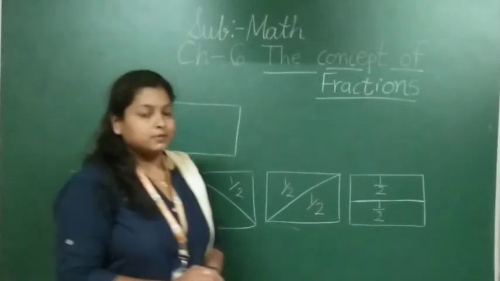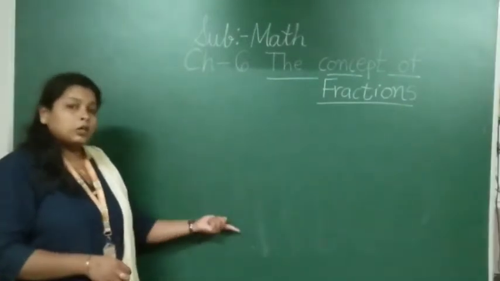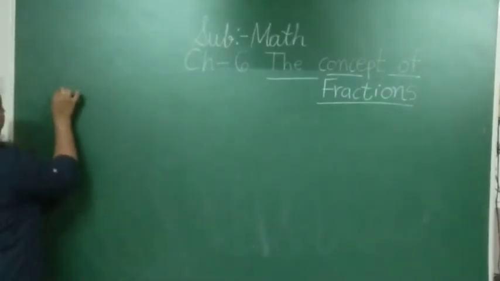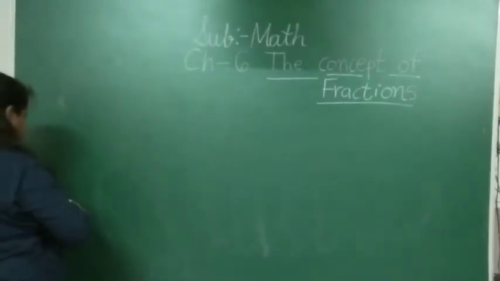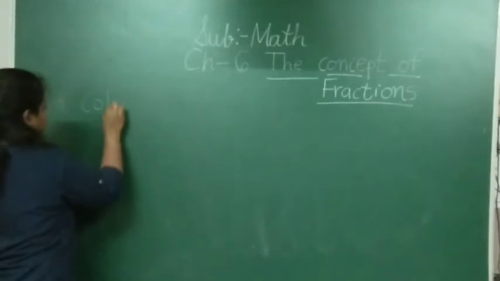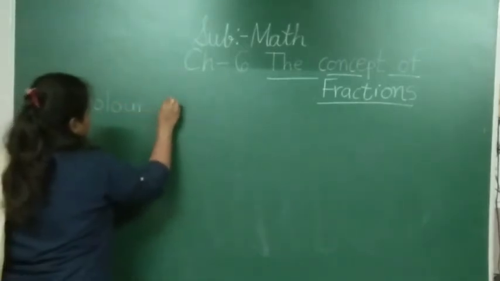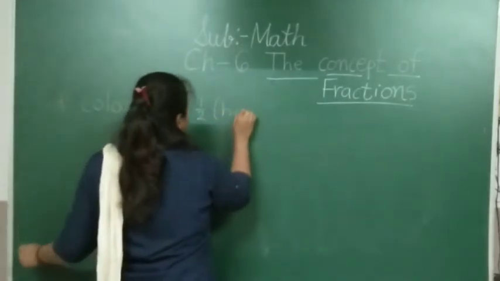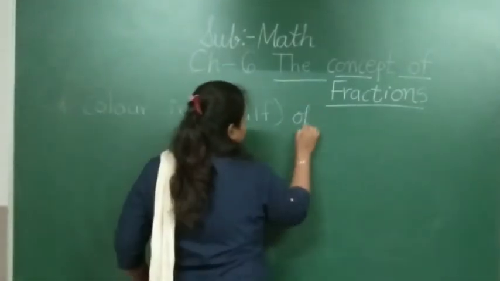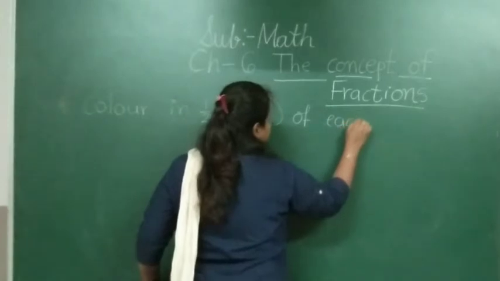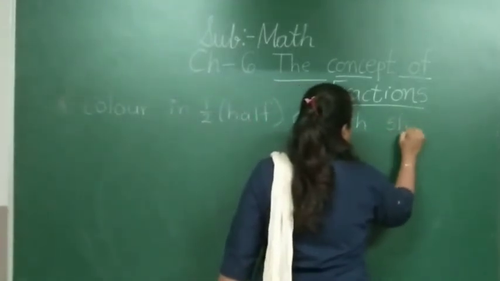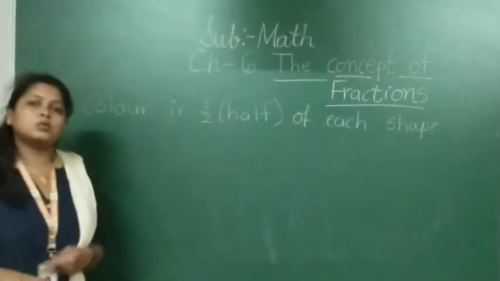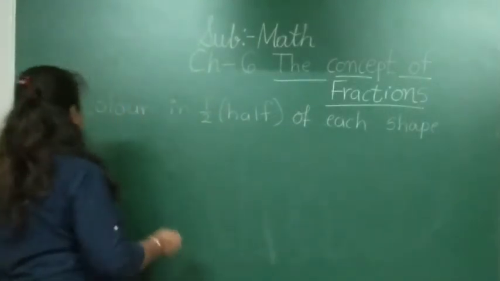Okay? So we will see depending on this, one exercise. So here what you have to do? आपको क्या करना रहेगा? Color in 1/2 of each shape. 1/2 मतलब हाफ पार्ट. अब हमें यहाँ पे क्या करना है कि हमें जो भी शेप दिया है उसके हाफ पार्ट को कलर करना है.